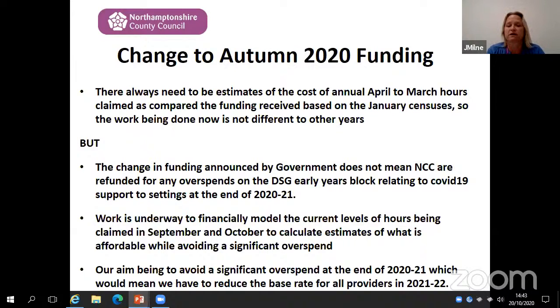However, rather than making that decision and being at risk of overspend, we have decided as a local authority, in collaboration with the DfE, to go through each month in a very, very detailed manner, and then in December take a decision on where we are with the autumn funding.